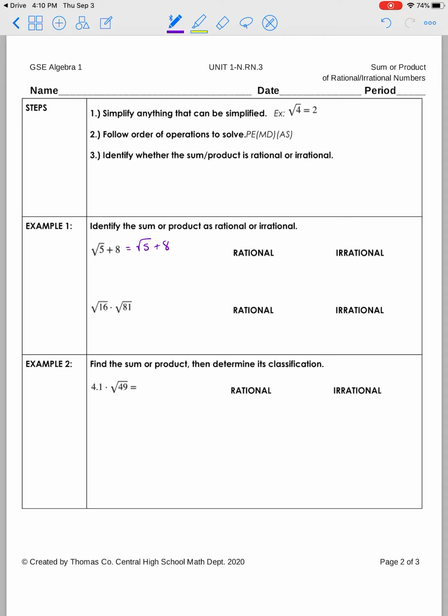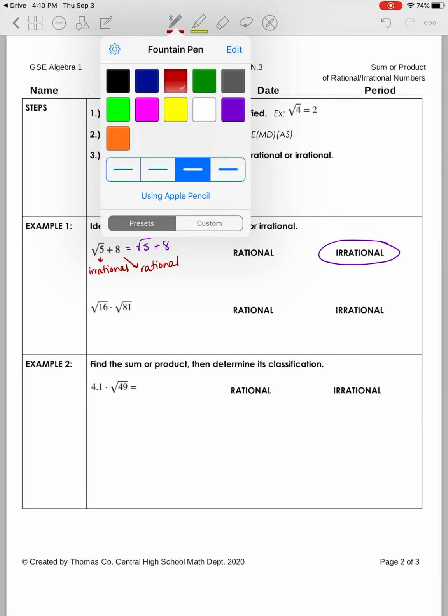Can I write that as a fraction? No, so my answer is irrational here. Again, I had an irrational. If you go back to your chart, this was irrational, and then 8 was rational. Whenever I add an irrational and a rational, I always get an irrational.